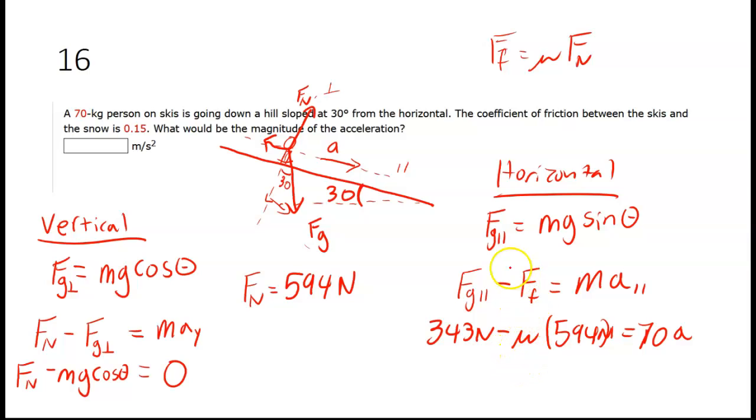This mu is just 0.11, or sorry, in this case it's 0.15. So if I did all these calculations divided by 70, which I'm going to do right now, the final calculation for the acceleration would be 3.6 meters per second squared.